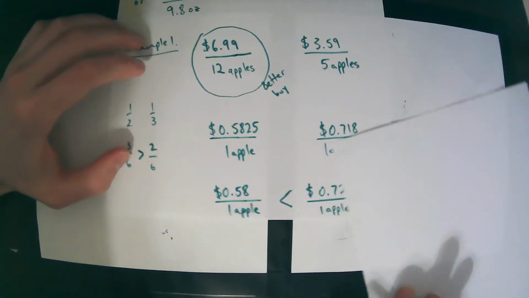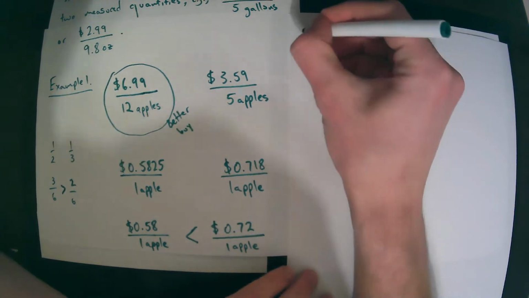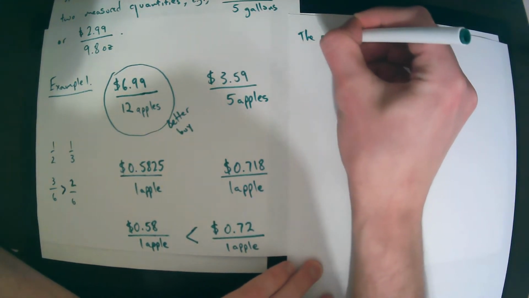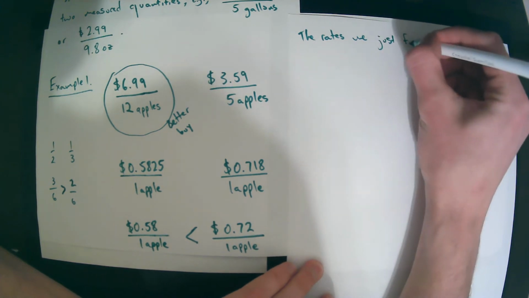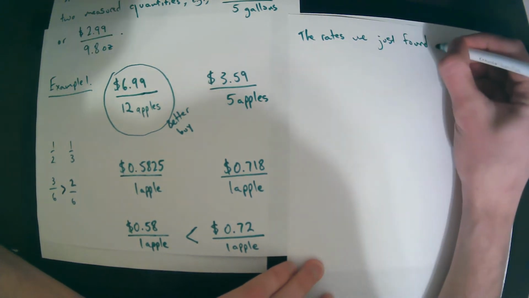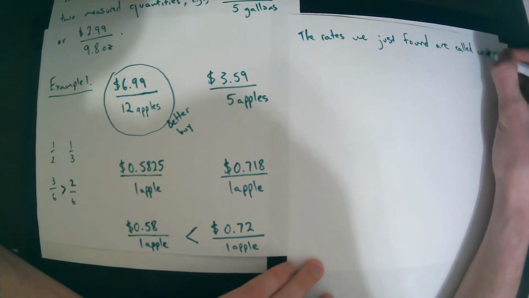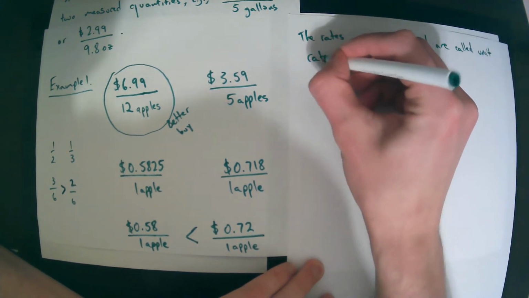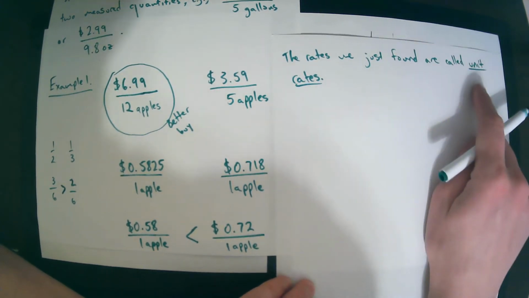The numbers that we just found, or rather the rates that we just found, are called unit rates. They're called unit rates because in math, unit means one.